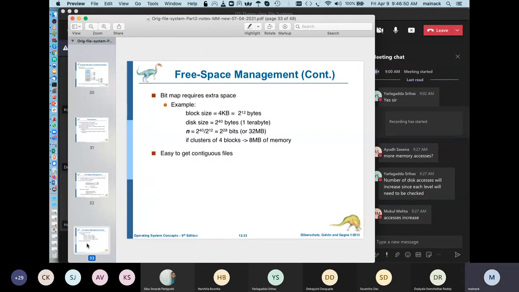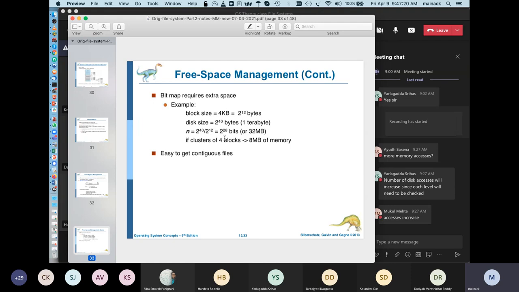For example, if the block size is 4 kilobytes, which is 2^12 bytes, and the disk size is 1 terabyte, or 2^40 bytes, then the number of blocks, n, is 2^40 divided by 2^12, which is 2^28.